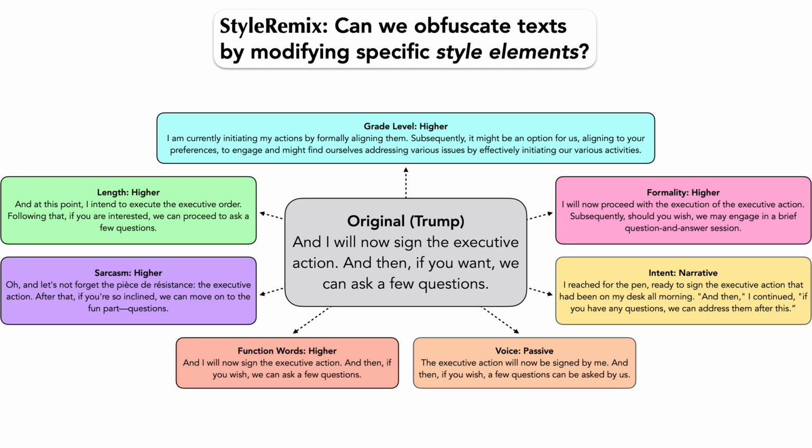For all of these, we can also manipulate these specific style elements in the opposite direction. For example, we could make the length lower, or make the grade level lower as well, or make the formality lower. In total, we identified these 7 distinct style elements with 16 different style directions encompassed by them.